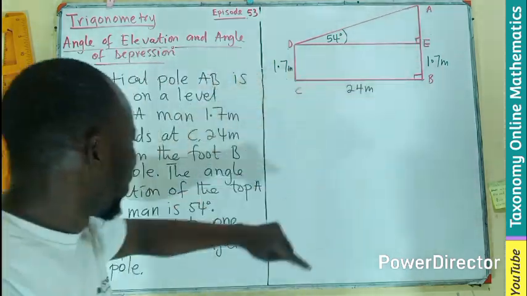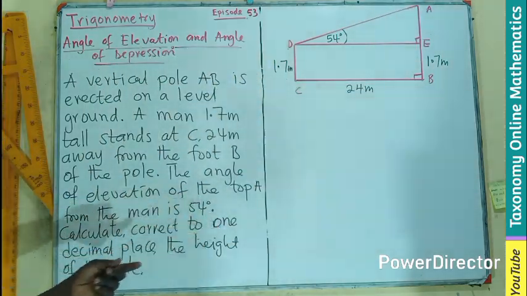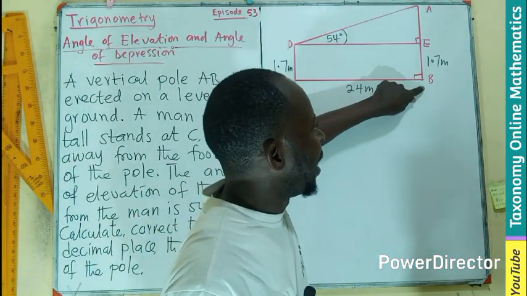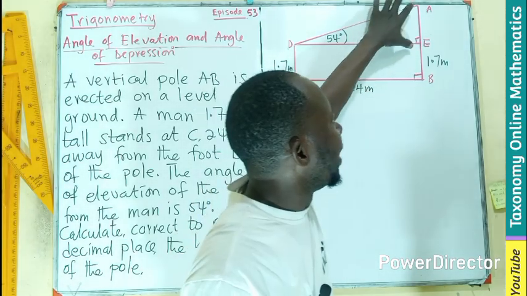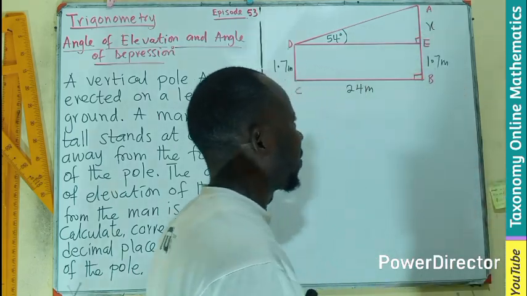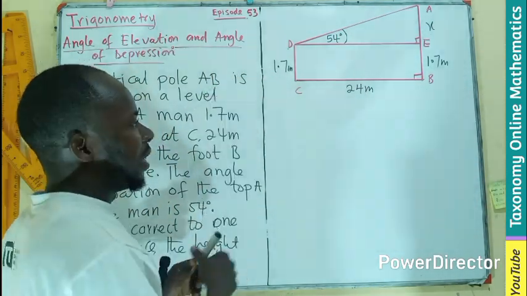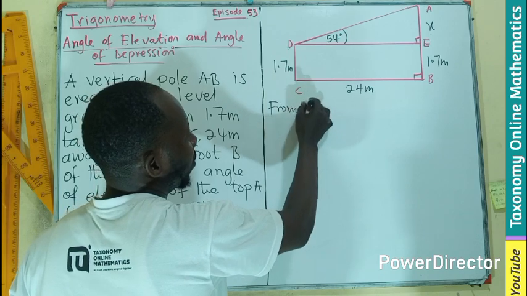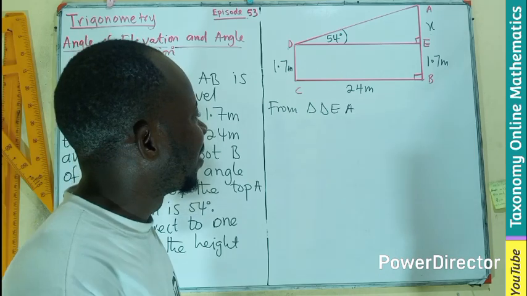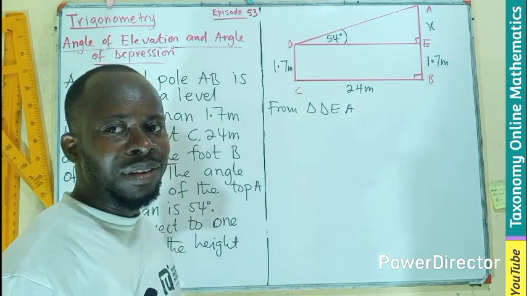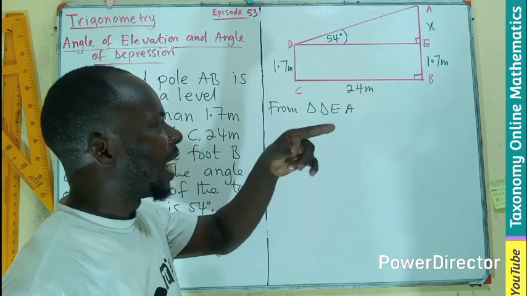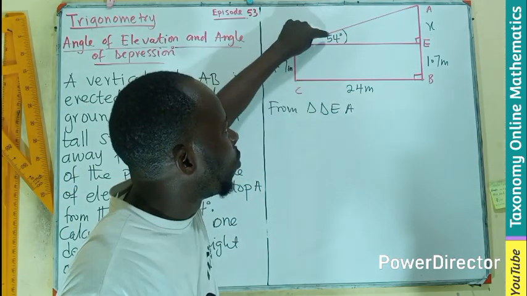Then what are we looking for? Calculate, correct to one decimal place, the height of the pole, which is AB. Already BE is known. So we only need the AE, which we can indicate by a variable, let's say X. So picking only the top, from triangle DEA, we are looking for the X, which is the side opposite the angle.